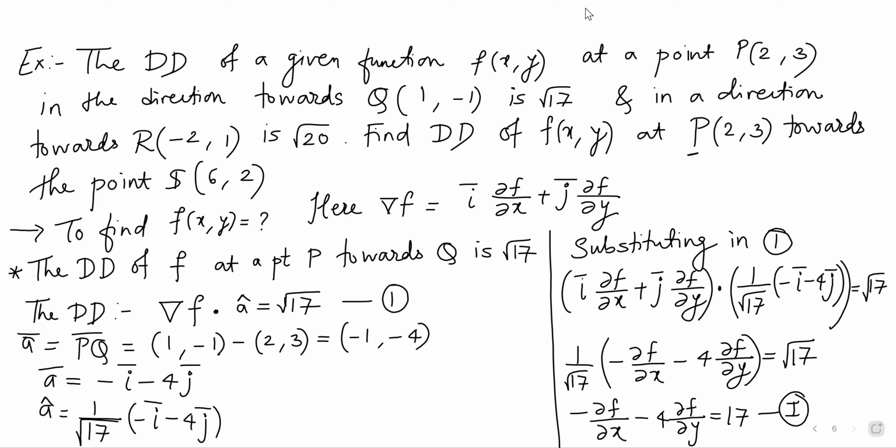Another thing that is given: the directional derivative towards R is root 20. So the second equation will be P to R, correct? This is our first equation. The second equation is the directional derivative of f along PR bar is root 20, correct?